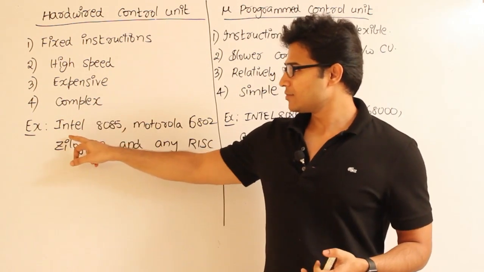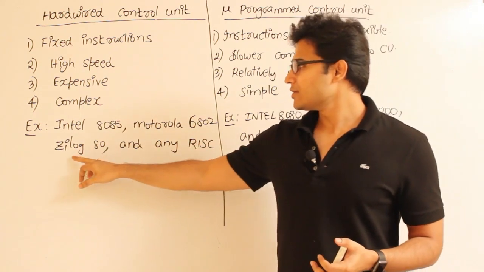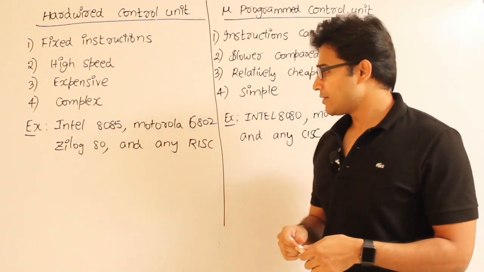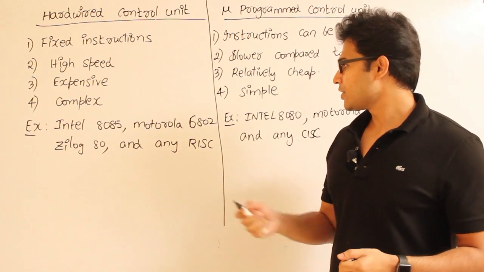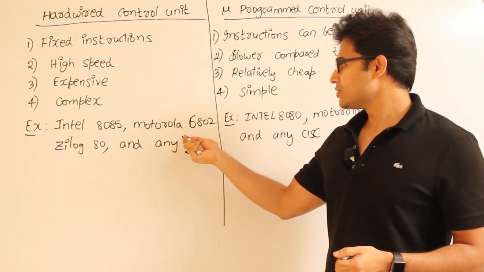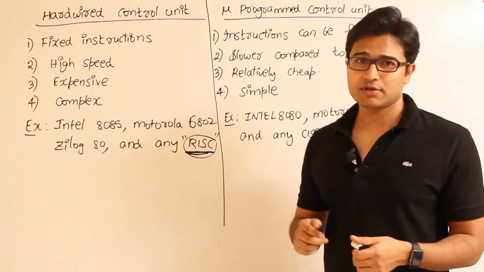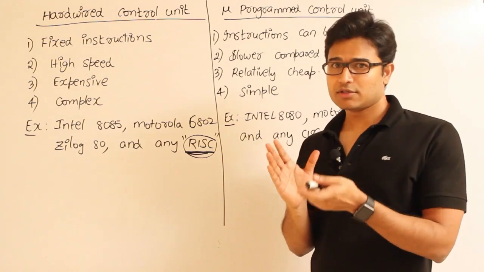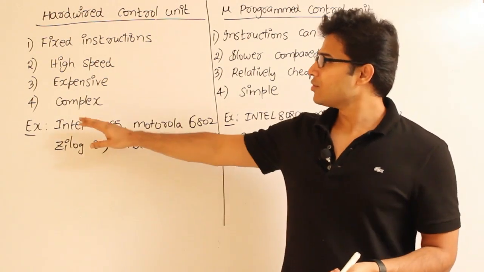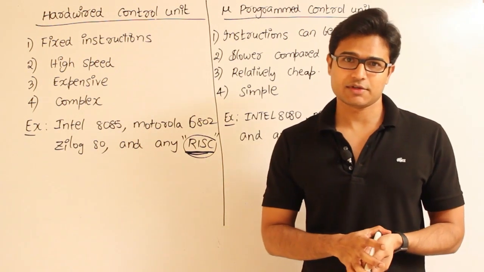And if you look at the examples, Intel 8085, Motorola 6802, Zilog 80, and you need not remember all these computers, but you have to remember this: any RISC computer, right? Any reduced instruction set computer, which means if you have very less number of instructions and the instructions are very small, then you obviously go with hardwired, because design is simple for less number of instructions.